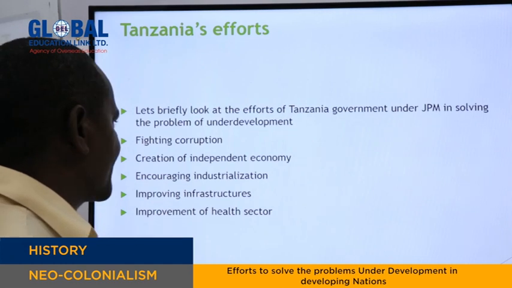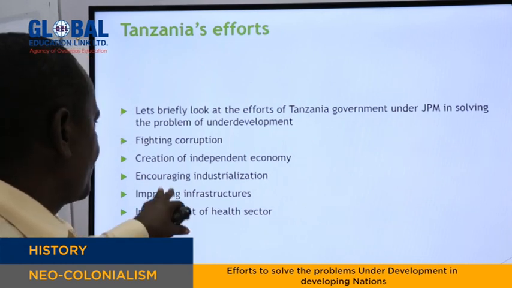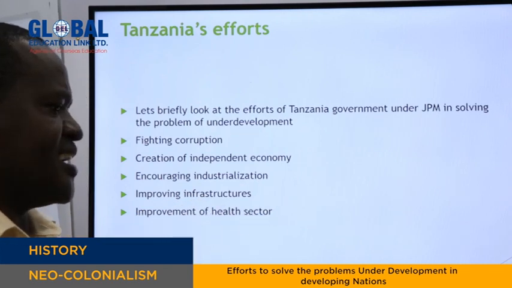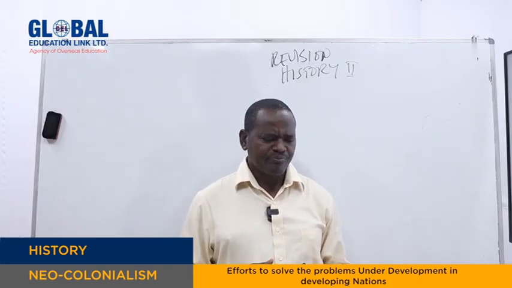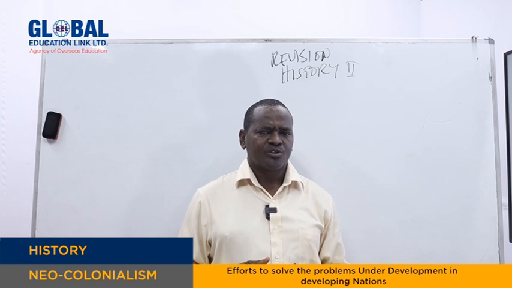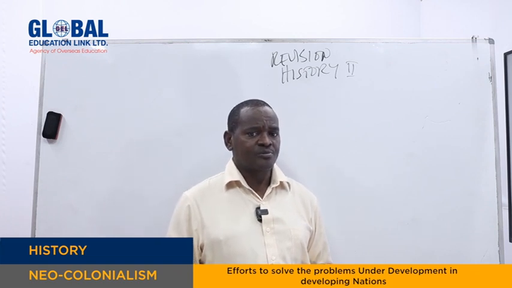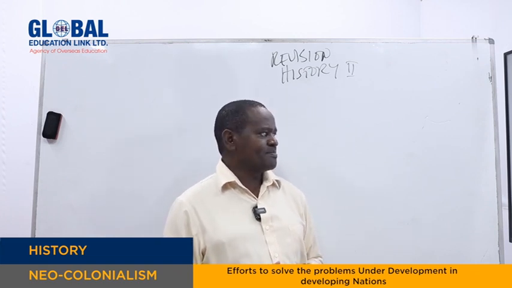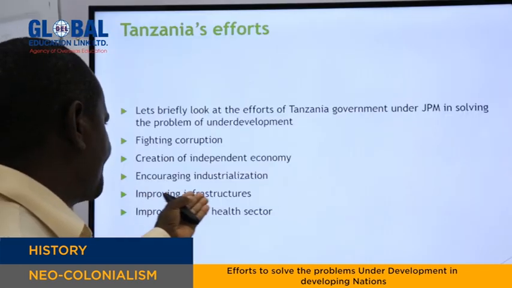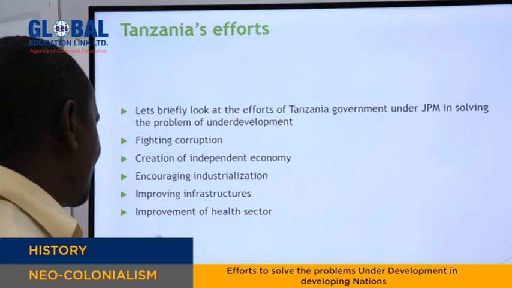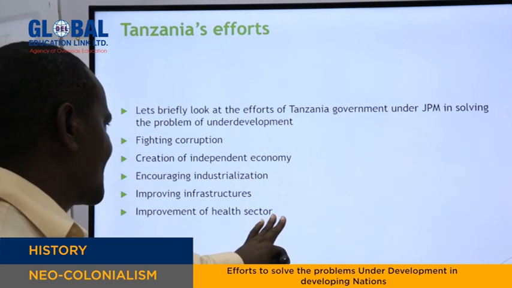Another thing is encouraging industrialization, by trying to make sure that we either revive the old industries or establish new industries, and also enable people with small scale industries to get some capital and be able to move on. Another thing is improving infrastructure. A country cannot develop without infrastructure. And finally, improvement of the health sector, as you can see.